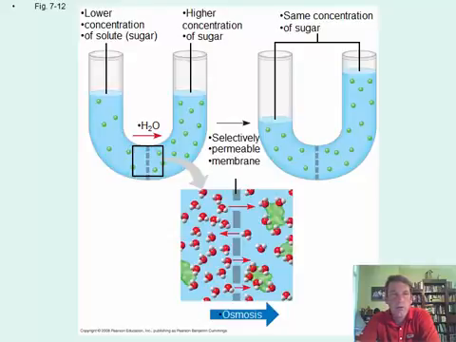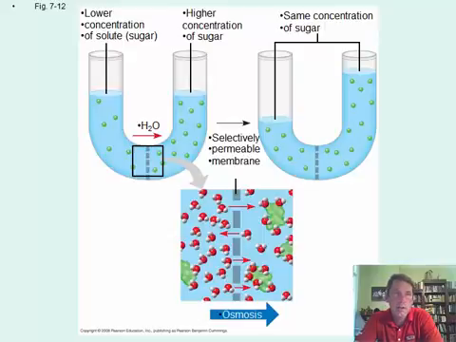It will occur through the use of vesicles or vacuoles that will either come off of the membrane or be attached to the membrane. There are two types of this bulk transport. One's called endocytosis and the other is called exocytosis.